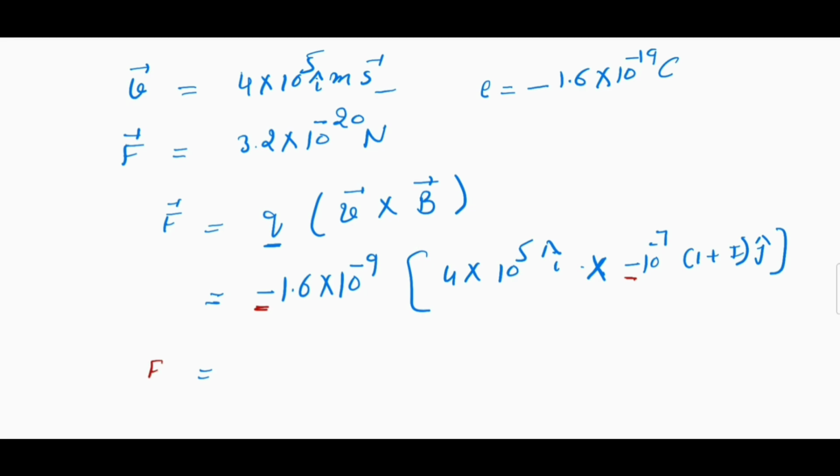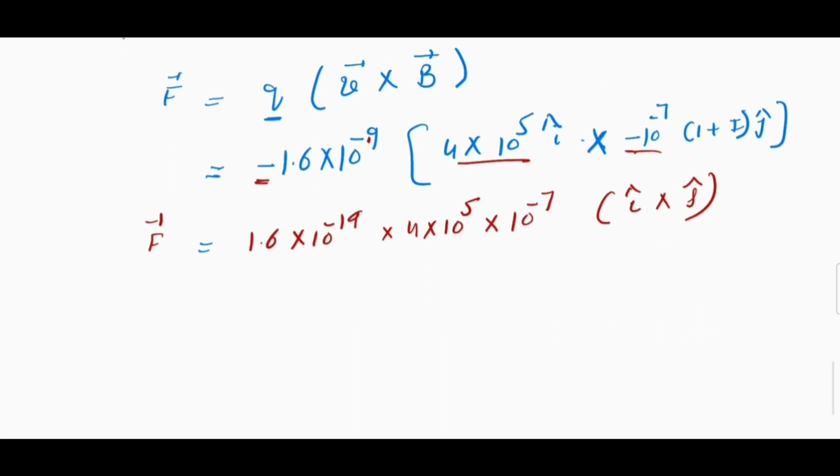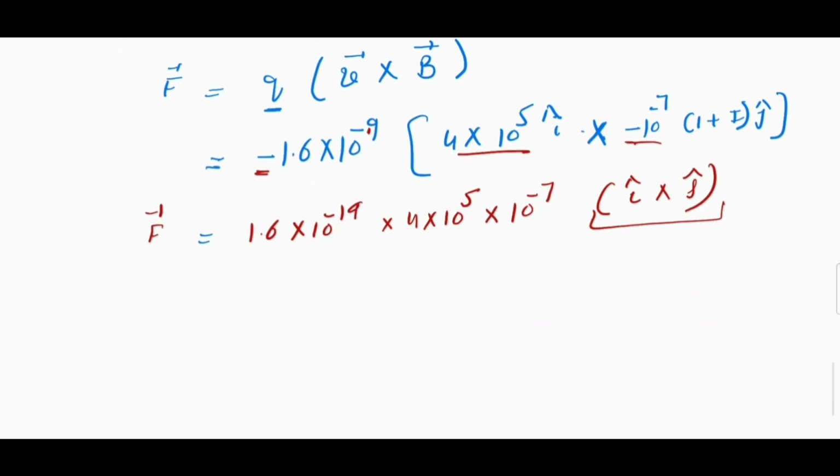So we'll get force is equal to 1.6 into 10 raised to power minus, sorry, here it is 19, multiplied with 4 into 10 raised to power 5, multiplied with 10 raised to power minus 7, and i cross j unit vector, and we know that i cross j unit vector is equal to k vector.